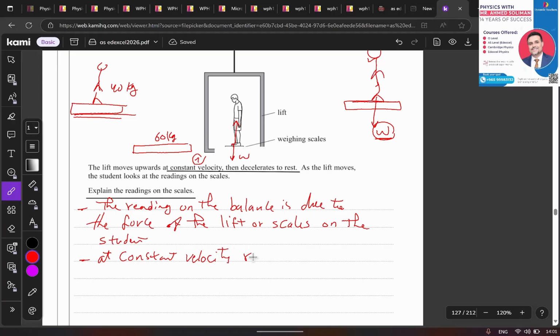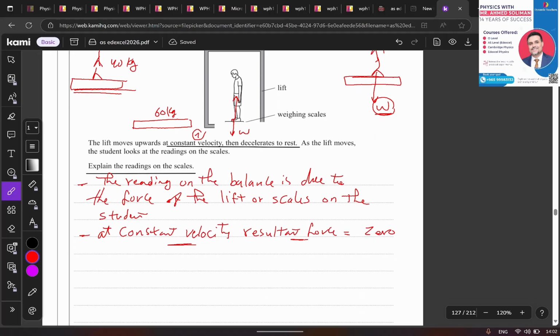At constant velocity, the resultant force must equal how much? At constant velocity, what does the resultant force equal? Zero, right? Equal 0. Can you hear me? Okay, so what does it mean?